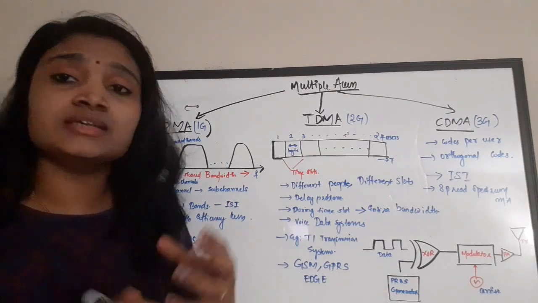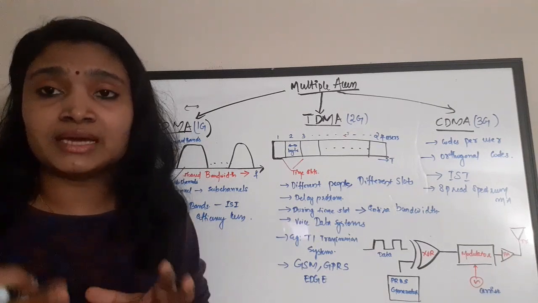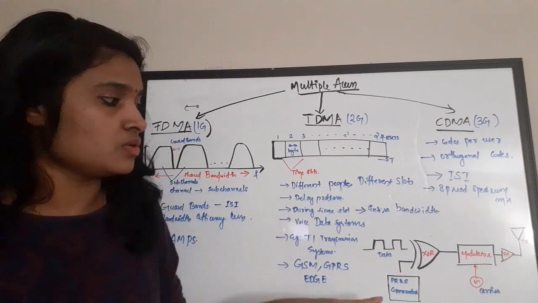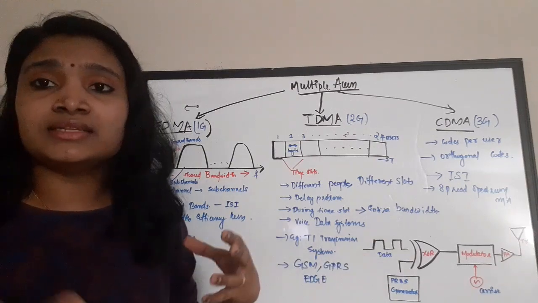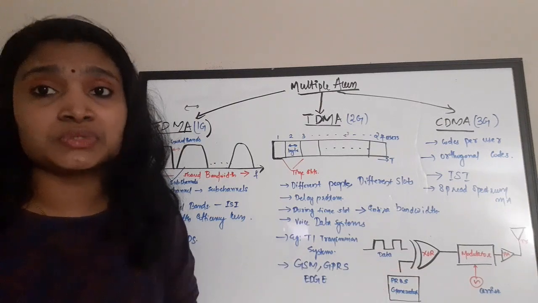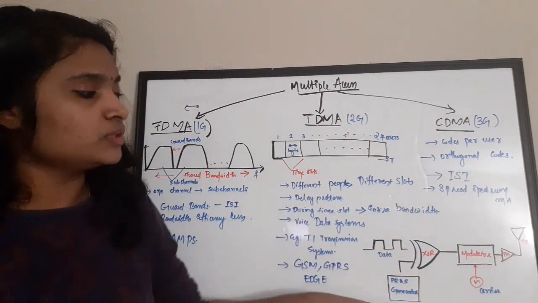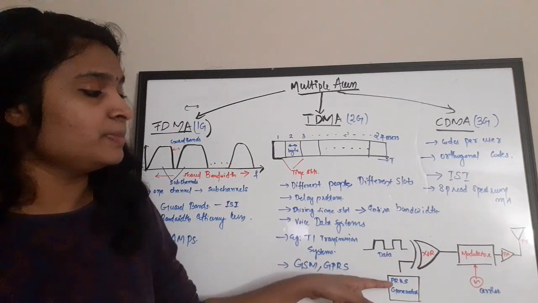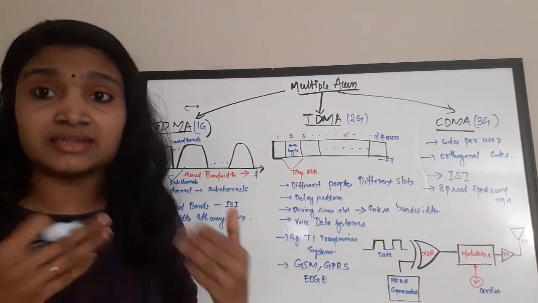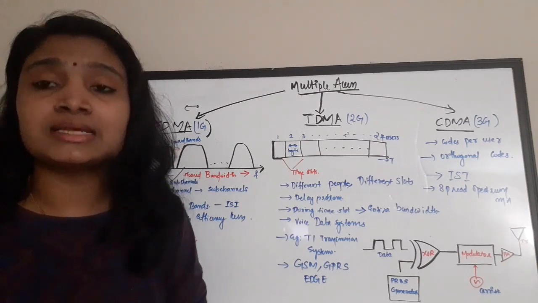Okay, various codes are generated for various users, and we take the XOR of this PRBS sequence or code with the data which the user wants to send, and then it is being sent.